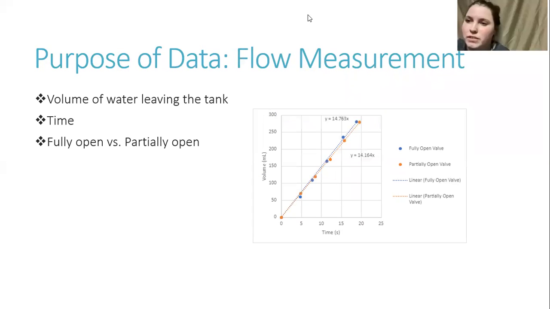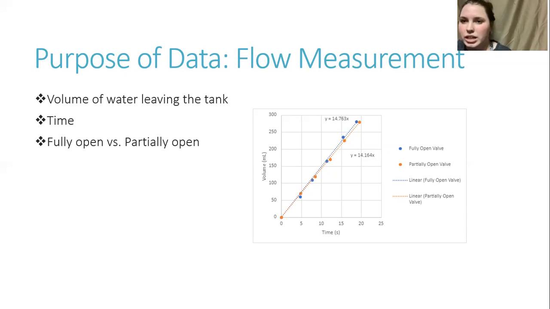So for this part of the experiment, the flow meter was not technically calibrated like we did for temperature and pressure. Instead, we just conducted a direct measurement of the flow. The reason we did this is just because we can use this measurement to calibrate a flow meter. So that's what we did for this part.